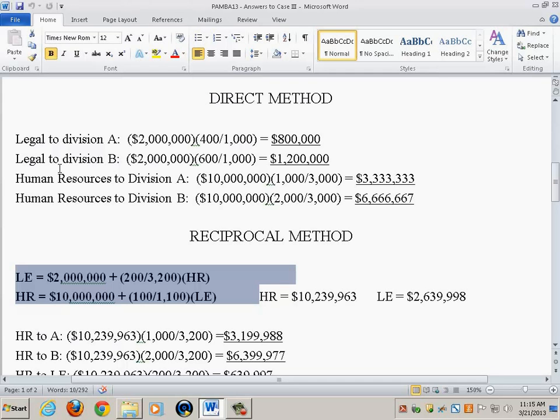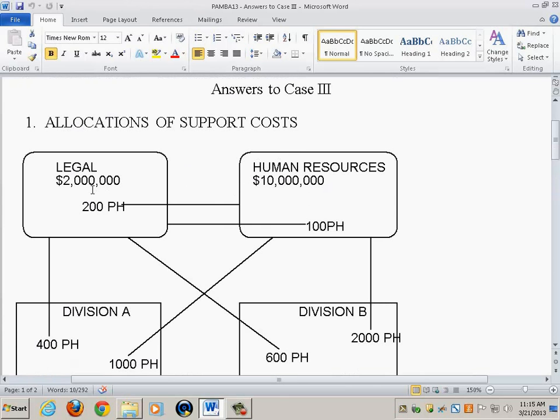By LE here and LE here, we mean the total costs that legal has to allocate. Now, you can ask, but we already have the total cost that legal has to allocate. They were 2 million.